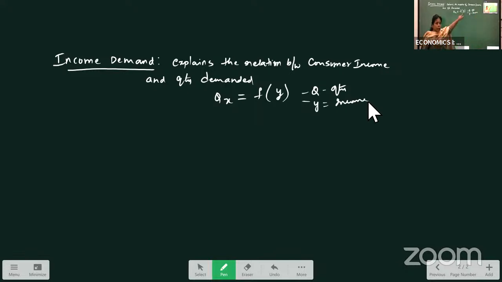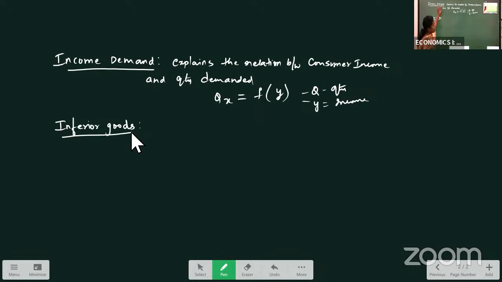As the income increases, quantity may increase or may decrease. So when we explain income demand, we have to study 2 types of goods. What are the 2 types of goods here? One is inferior goods.